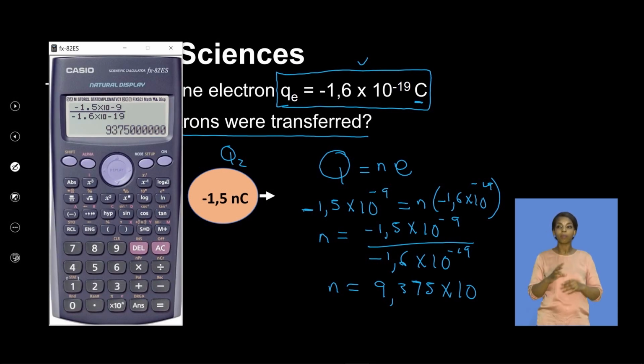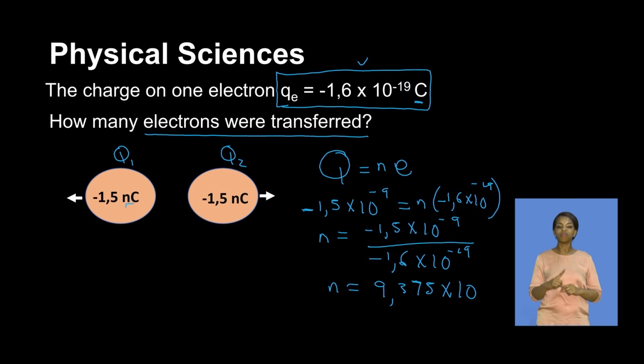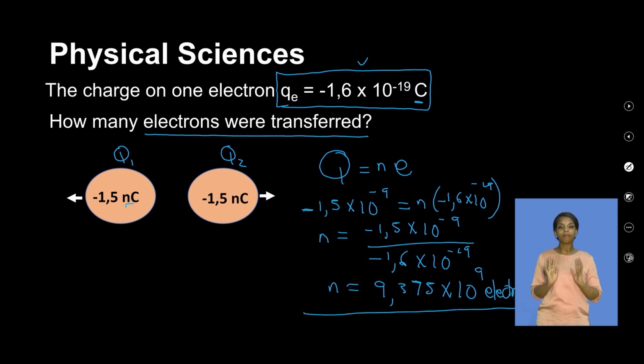So how many zeros do we have here? 1, 2, 3, 4, 5, 6, 7, 8, 9. So it's times 10 exponent positive 9 electrons. This does not have a unit because it's just the number of electrons. When you do the same calculation based on the number of electrons lost by Q2, you'd get the same answer, because the number of electrons lost is equal to the number of electrons gained, right?